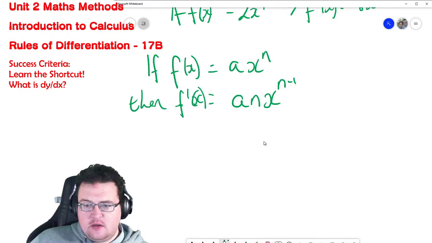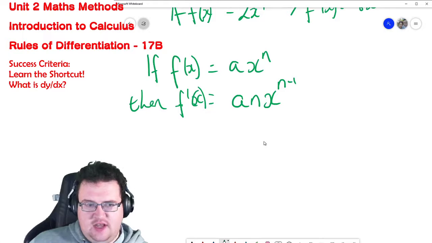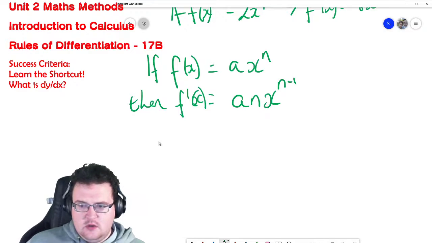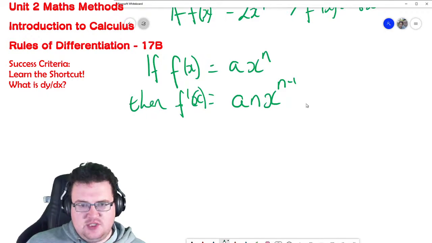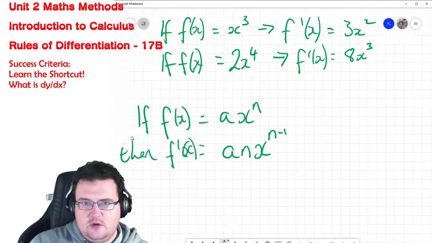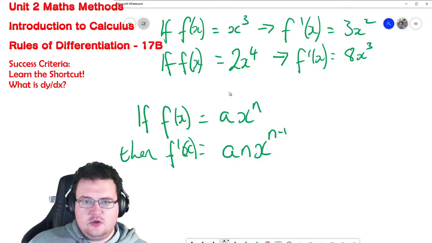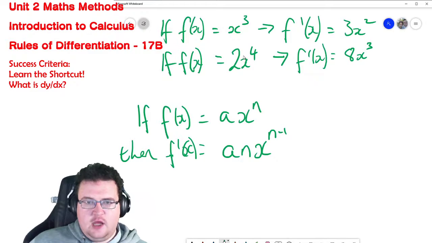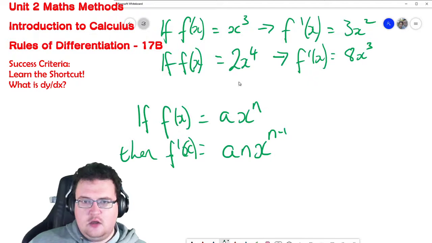Decrease the power, put the original power down the front, and multiply it all together. So this is what happened before: 2x to the 4, a is 2, n is 4. The 4 comes down, 4 times 2 is 8, subtract 1 off the power.